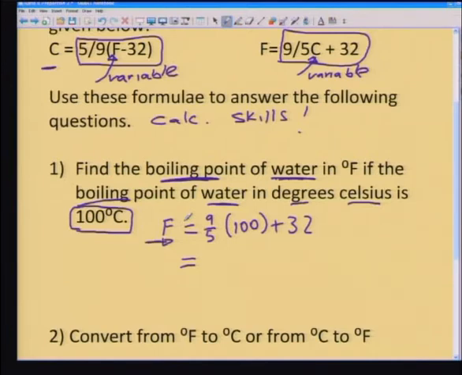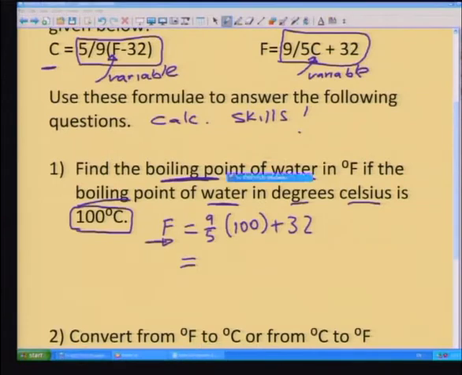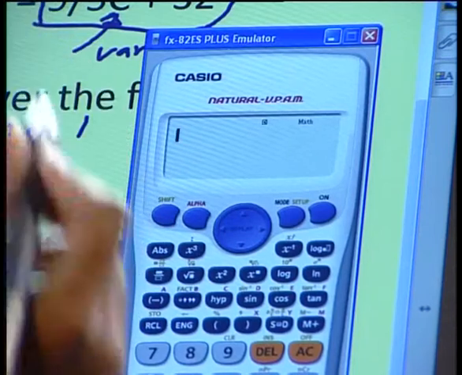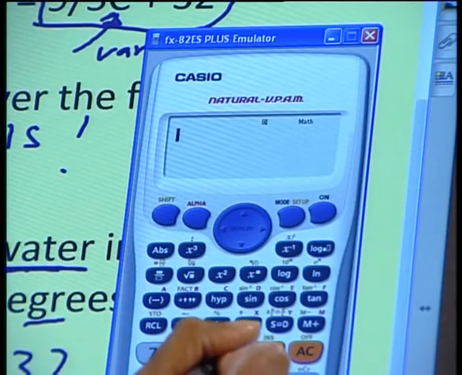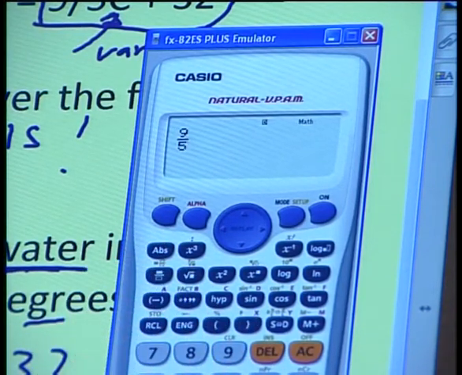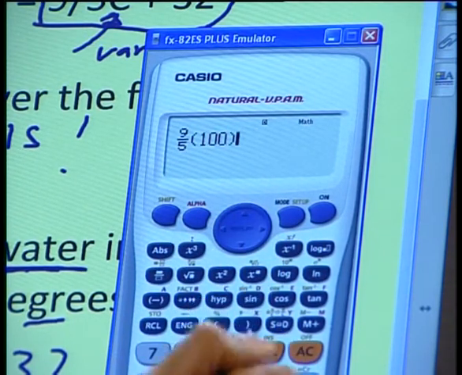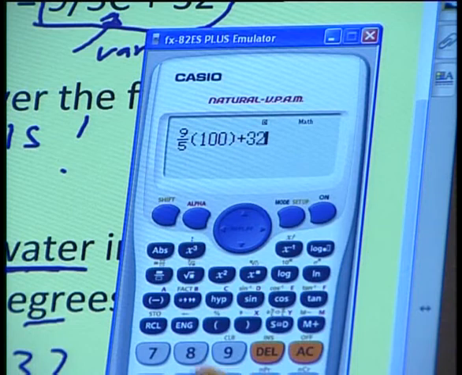That's just a really, really simple question, and we're going to be doing this all on our calculator. So we call our calculator up, and we're literally just going to type in these numbers. So it's 9/5 times 100 plus 32.